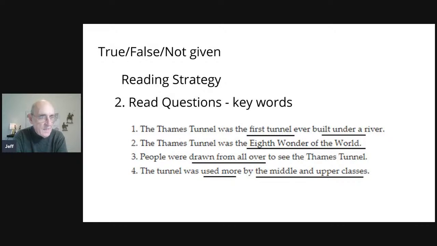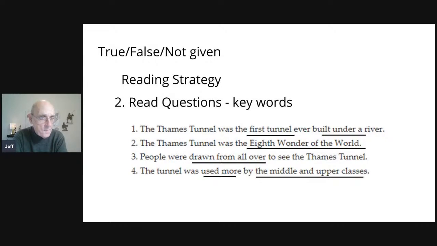And then my second key is going to be built under a river. So that location is very important information. I'm looking for a tunnel that was built under a river. Now, the second one, it's just a proper name, because anything that has capital letters is probably a good thing to underline, and I've underlined the eighth wonder of the world.